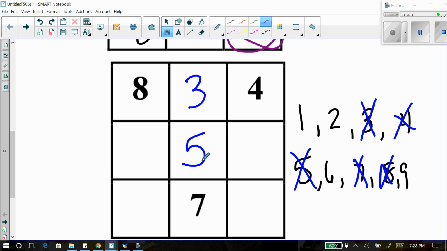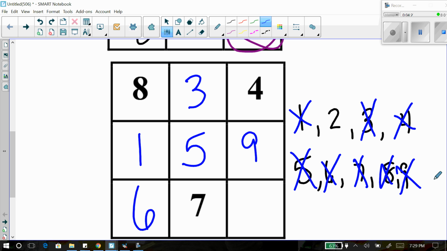Let's see this diagonal. 5 plus 4 is 9, plus 6 is 15. 8 plus 6 is 14, plus 1 is 15. 1 plus 5 is 6, plus 9 is 15. 4 plus 9 is 13, plus 2 is 15.